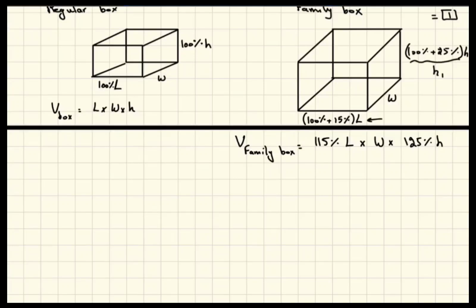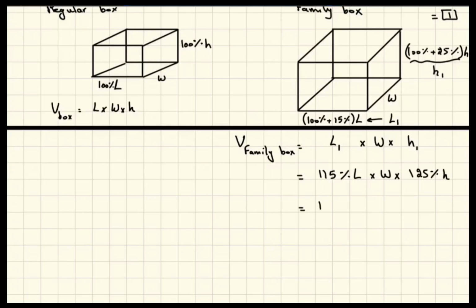And here, it's our new length. So if you want to call this L1 times width times the new height, H1. I know that L1 will be 115% of the old L. The width didn't change, and H1 is 125% of the old height.